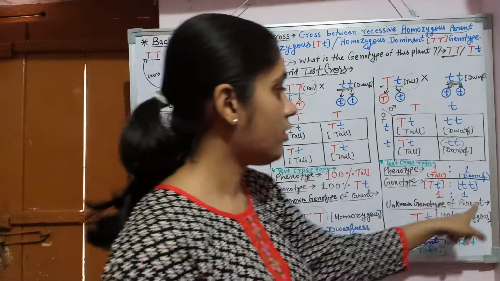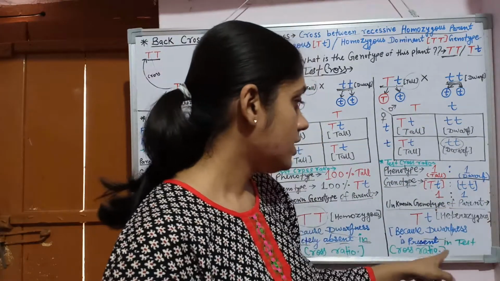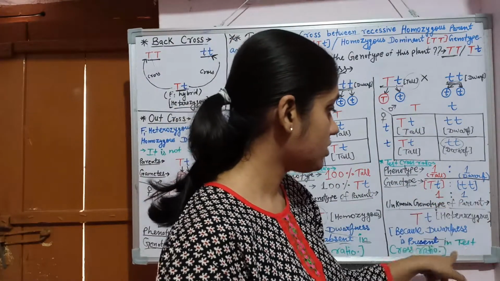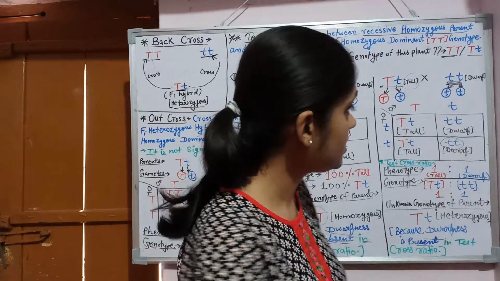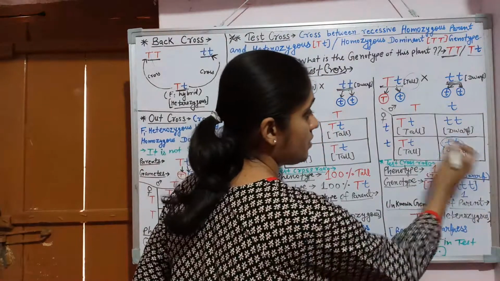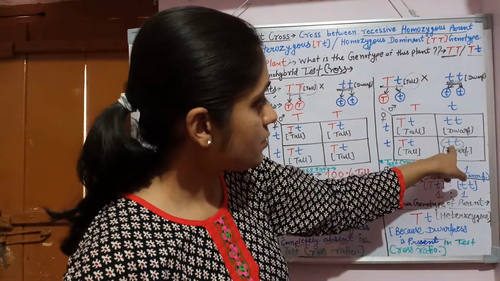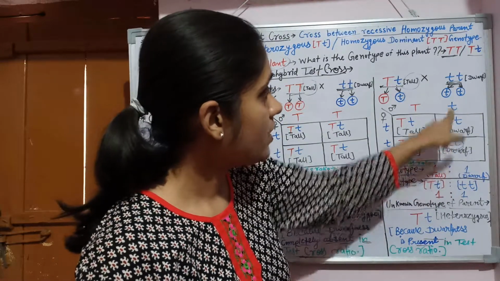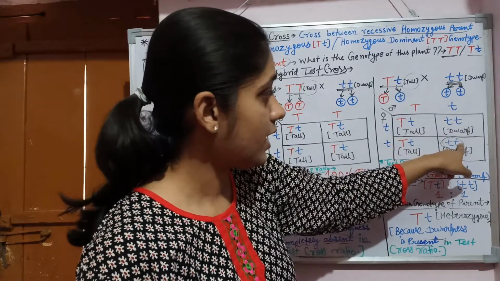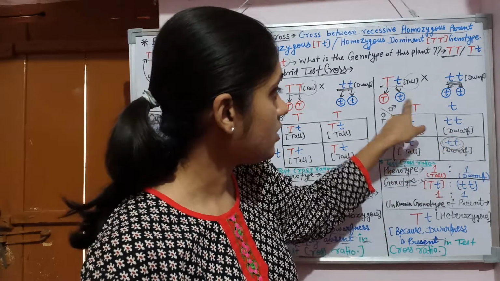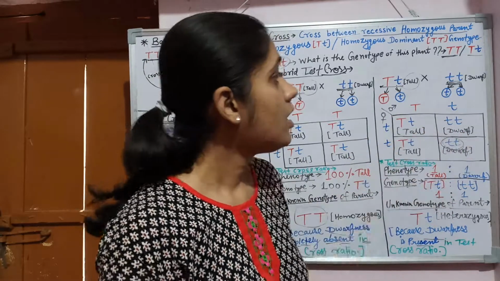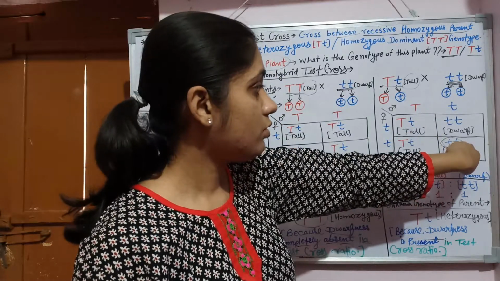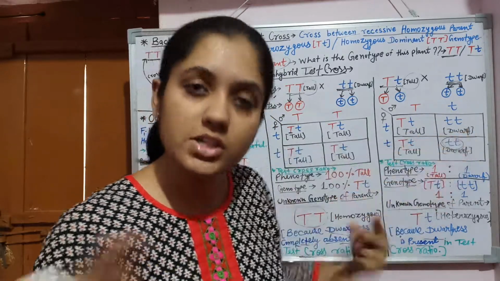So we know the genotype of this parent. But here the dwarfness is present in the test cross ratio. Dwarfness being present means that this small t, this one dwarfness allele, comes from this gene and the second comes from this gene. So these two dwarfness alleles are from different genes.